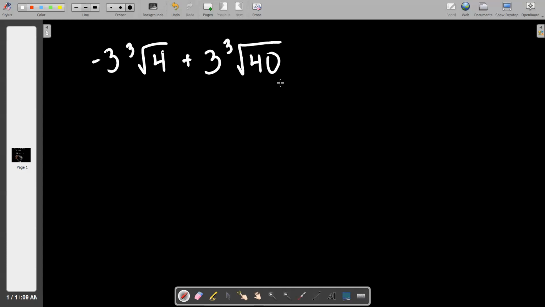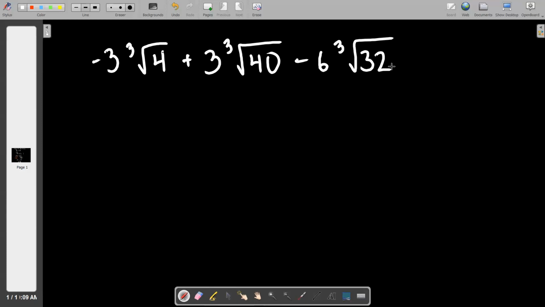Let's do another couple. Negative 3 times the cube root of 4 plus 3 times the cube root of 40 minus 6 times the cube root of 32. Completely terrible situation, but there is hope.